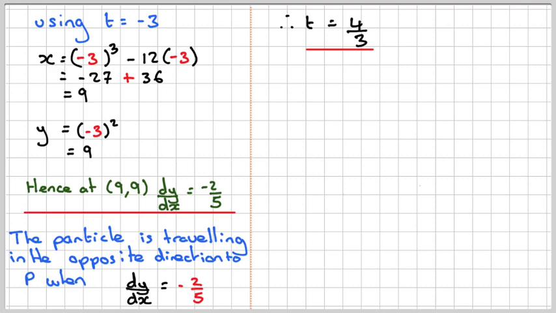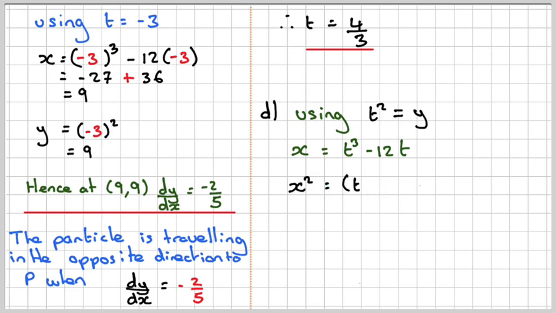Okay, part D. Using t squared is equal to y, we have x is t cubed minus 12t. We're asked to express x squared in terms of y, so if we square both sides, we get x squared is t cubed minus 12t all squared.